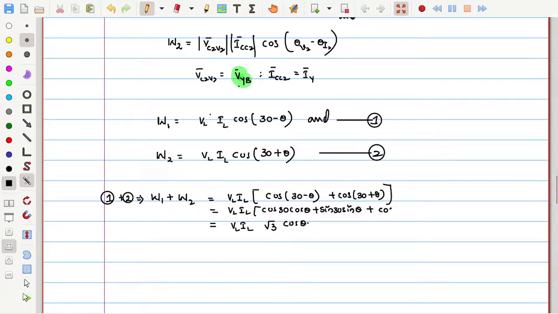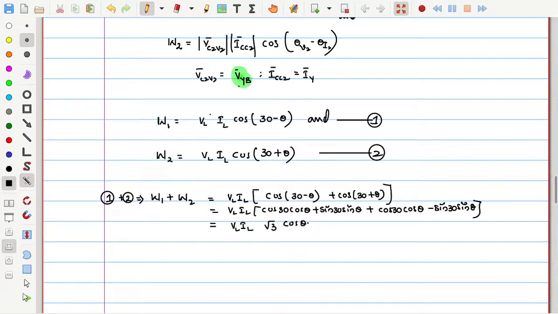So plus cos 30 cos theta minus sin 30 sin theta. Just expand this and you will get. So some things will get cancelled, so sin will get cancelled. So cos 30 is root 3 by 2. So here root 3 by 2 is there. Root 3 by 2 plus root 3 by 2 is root 3.